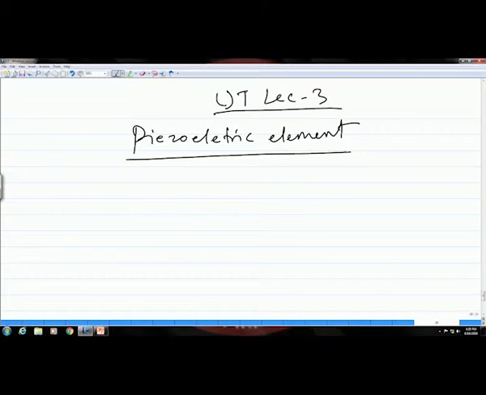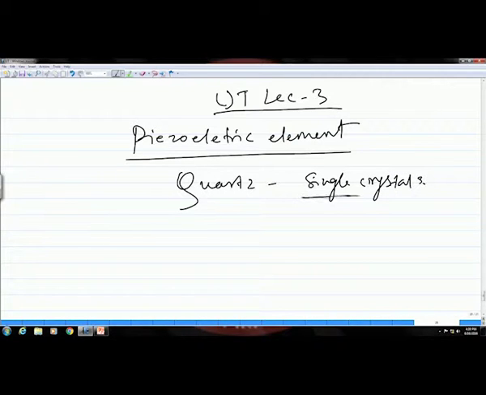The most common or well known piezoelectric material, as you might all know, is quartz. So, single crystals of quartz can be used as the piezoelectric element for ultrasonic probes. There is one more material known as PZT, which also shows very good piezoelectric property.